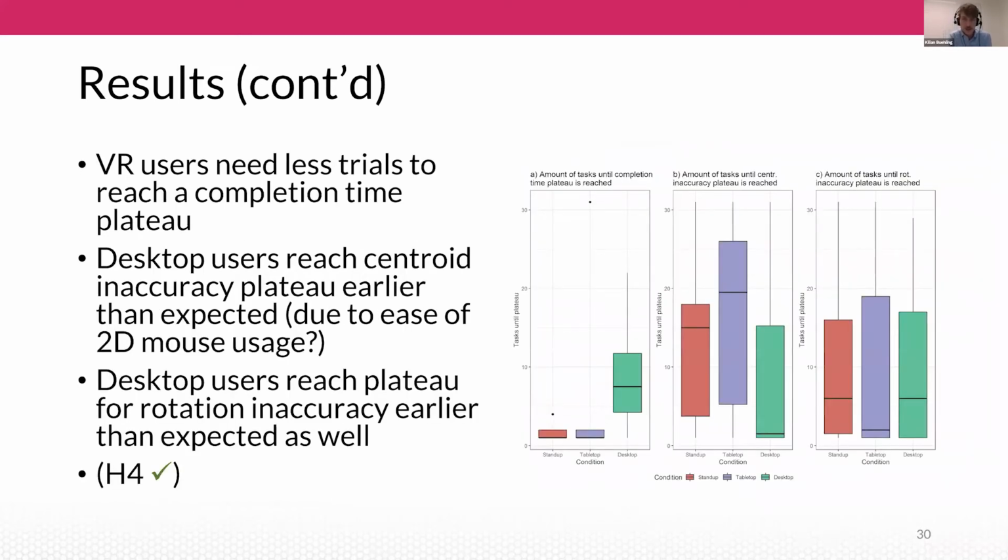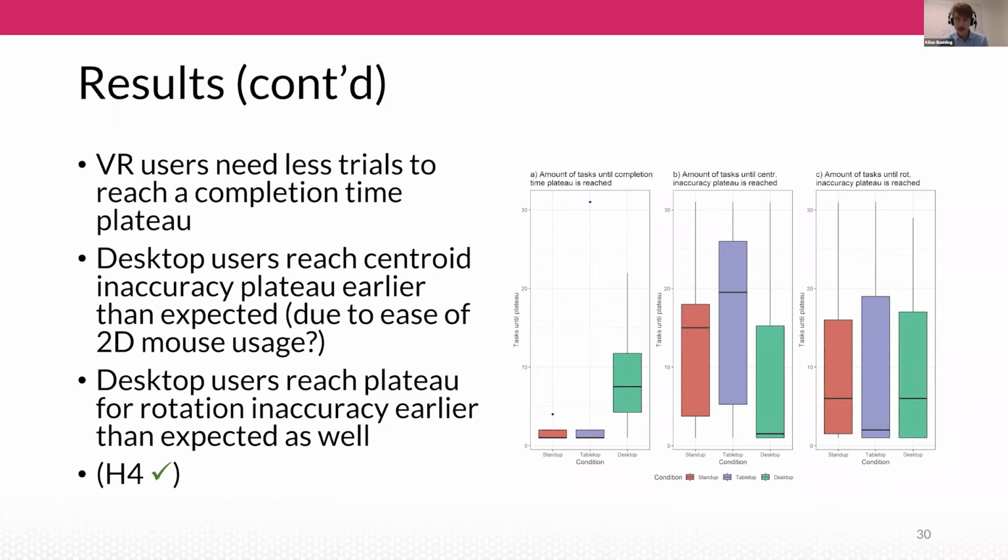In the next slide, we see the distributions of when the subjects in stand-up condition, tabletop condition, and desktop condition stabilize after how many tasks. And we see that in plot A, in the VR condition, the subjects stabilize very early in terms of time needed, and desktop users stabilize later.